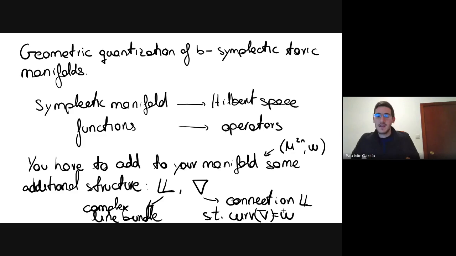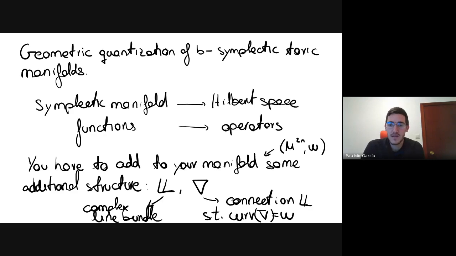This is not absolutely general, because you can have manifolds which cannot be quantized, but basically if the class of omega is integral, you can find a connection such that the curvature is precisely omega. And then you have pre-quantized your manifold.